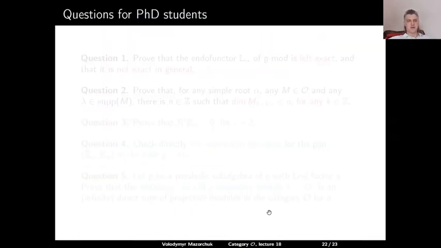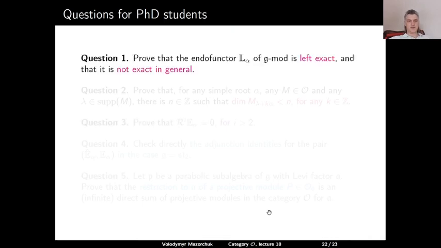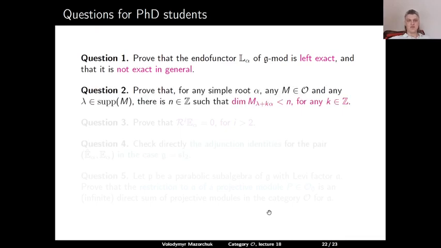Let us finish with a couple of questions for PhD students. Question number 1, prove that the functor E alpha of G-mod is left exact and that it is not exact in general. Question 2, prove that for any module M in O, and for any weight lambda of this module, the dimensions of the weight spaces of M for weights of the form lambda plus k alpha, where k is an integer, are uniformly bounded.